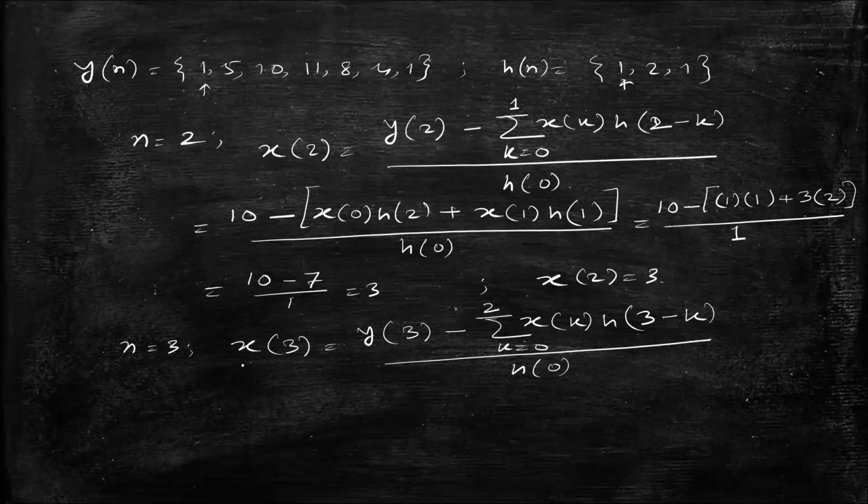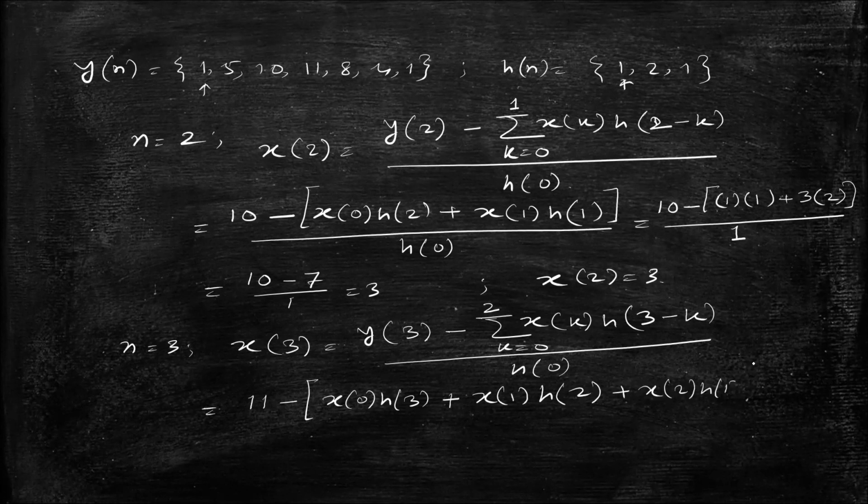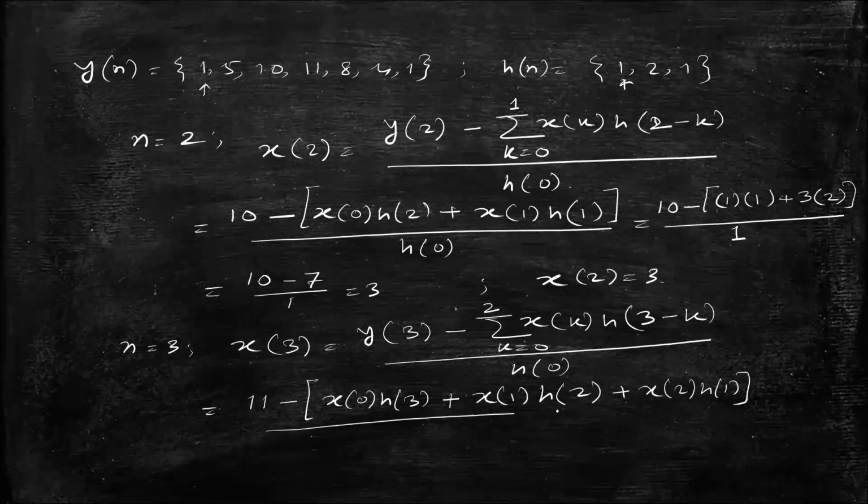So the value of h of 0 will be 1. So y of 3, 0 1 2 3, that is 11, minus x of 0 h of 3, okay, sorry plus x of 1 h of 3 minus 1 is 2, plus x of 2 h of 1, divided by h of 0.